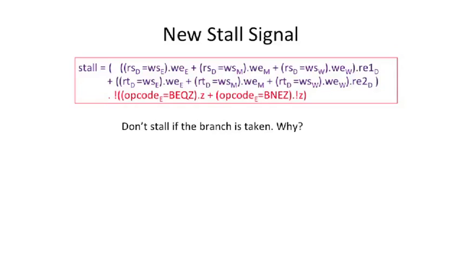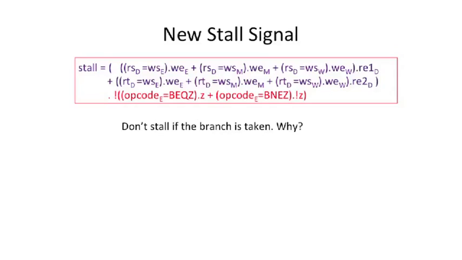Make sure that you're both reading the registers and checking the write enables, to make sure that the respective instructions in the different pipeline stages are actually writing to the different locations. But now we add another term.